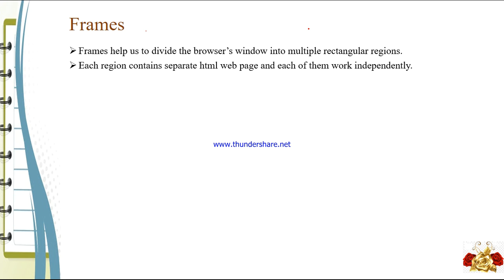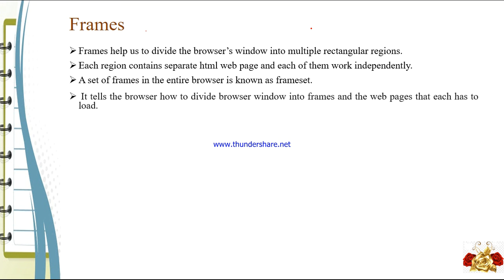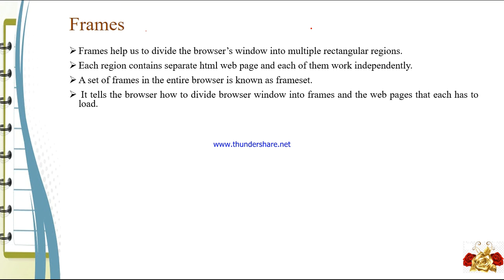Each region contains a separate HTML web page, and each of them works independently. A set of frames in the entire browser is known as a frameset, and it tells the browser how to divide the browser window into frames and the web page that each has to load.